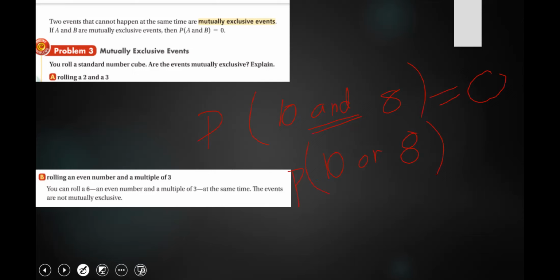Is it clear now what's the difference between "and" and "or" in mutually exclusive events? Yes. So these events that cannot happen at the same time, we call them mutually exclusive events. They cannot happen at the same time.